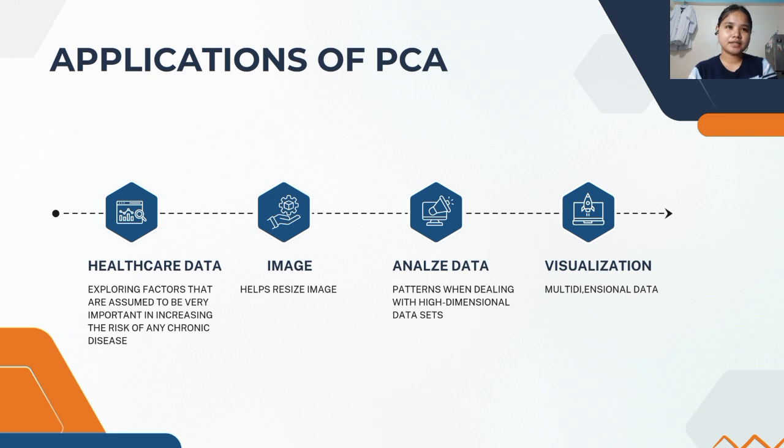Healthcare datasets are often high-dimensional, meaning they contain a large number of variables such as patient demographics, lab results, and lifestyle factors. PCA helps in resizing and simplifying these datasets, making it easier to uncover underlying patterns, trends, and risk factors that contribute to the development of chronic disease.